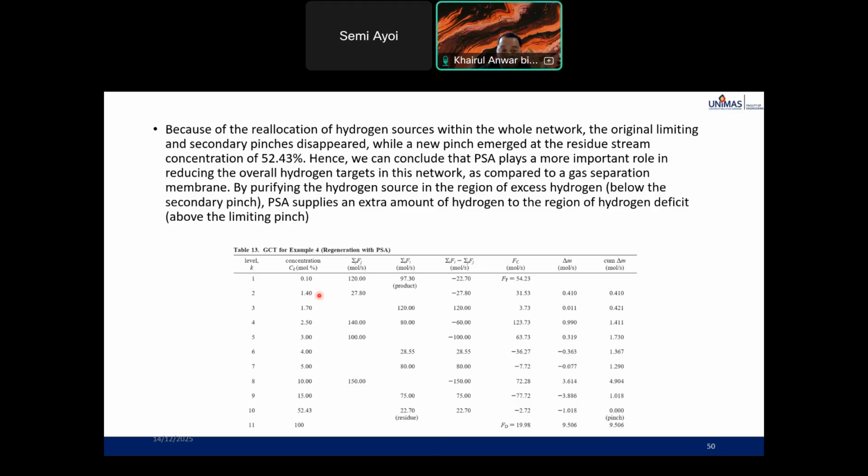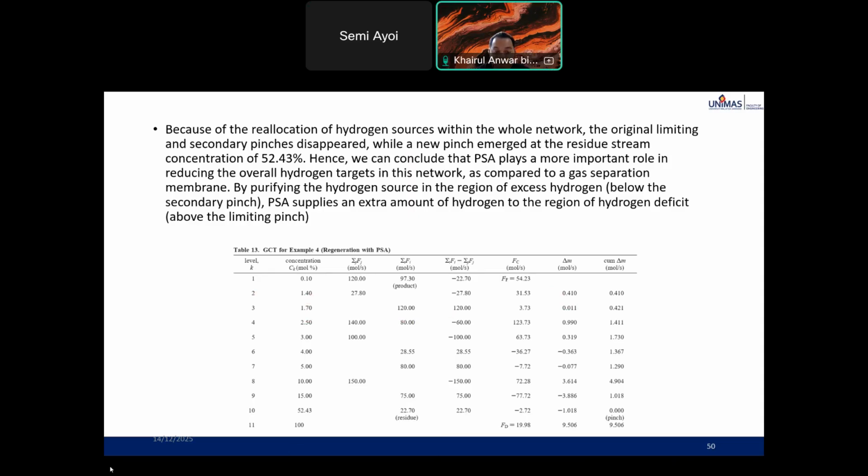Multiply by the difference between levels. For this case, yes, it is C2 minus C1. Let's say for here 0.11, it's actually C3 minus C2. It's like water, but for gas we are using concentration. C2 minus C1.